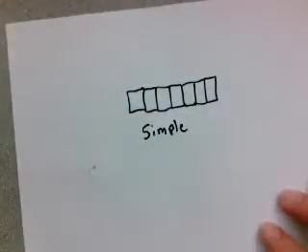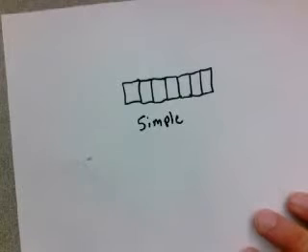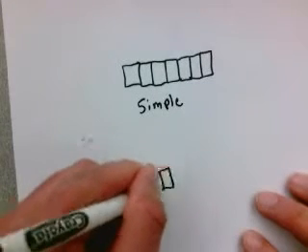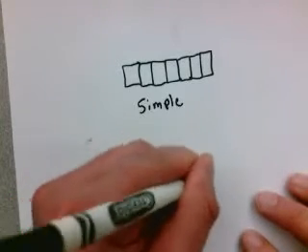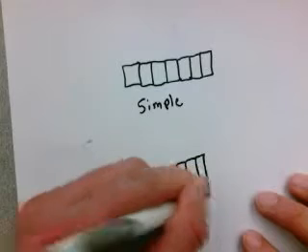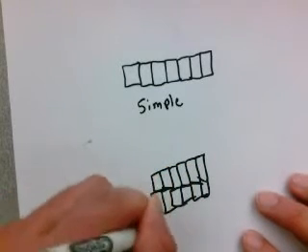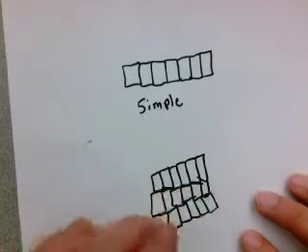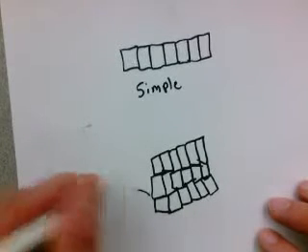This is simple epithelial. Now if I take this a step further and I just add more and more cells on top of one another, it looks a little bit like this. This is what's going to be called stratified.